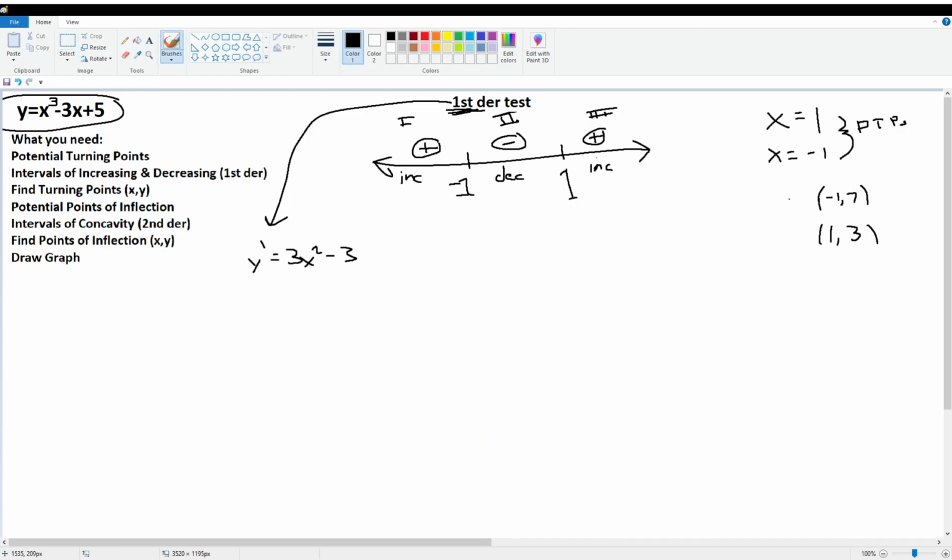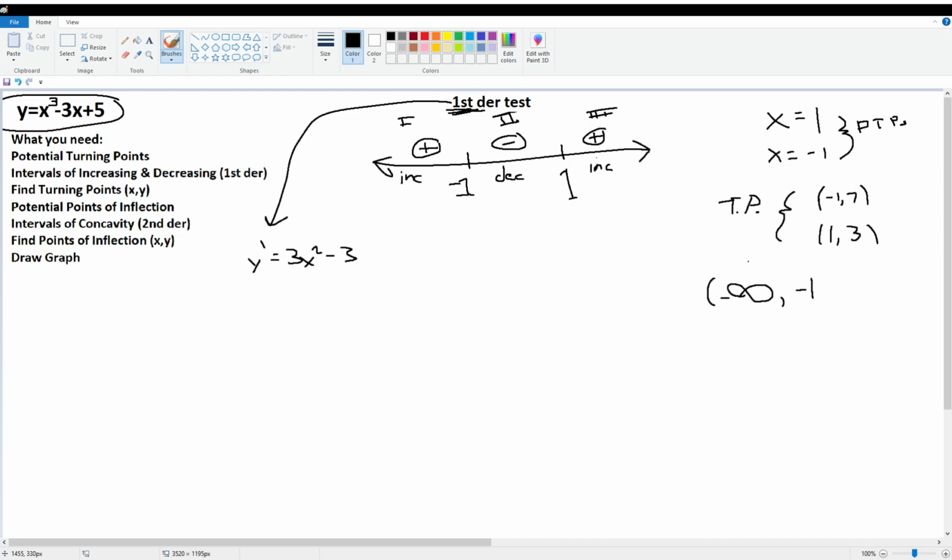So these here are our actual turning points. And now we need to go back to here and graph the intervals of increasing and decreasing, which we actually wrote here. So the graph is increasing from negative infinity to negative 1.